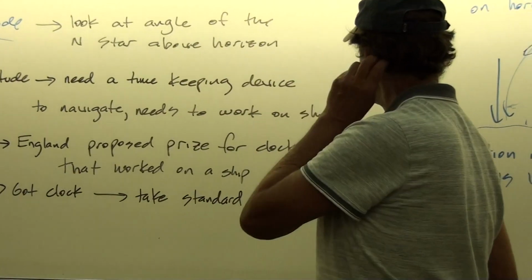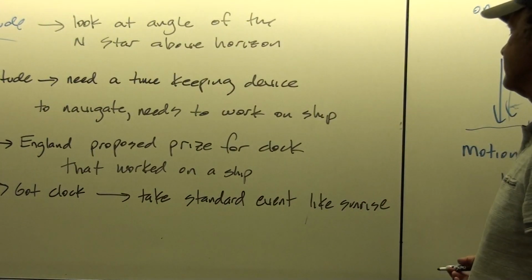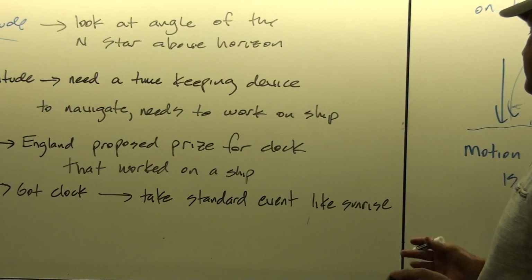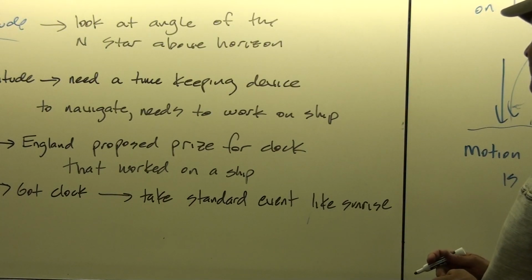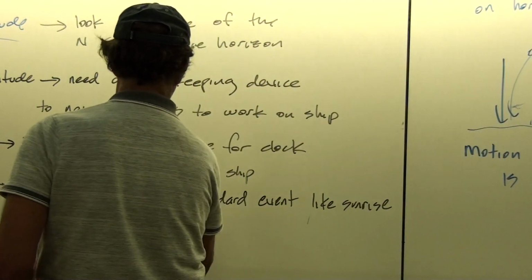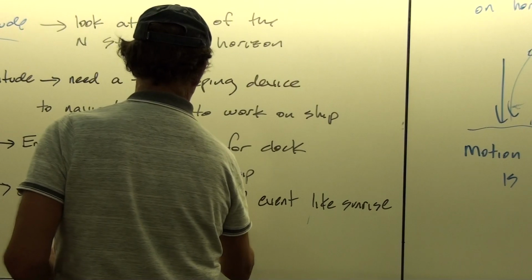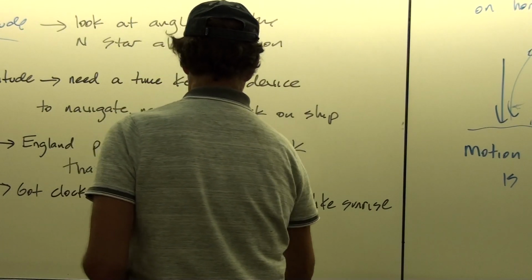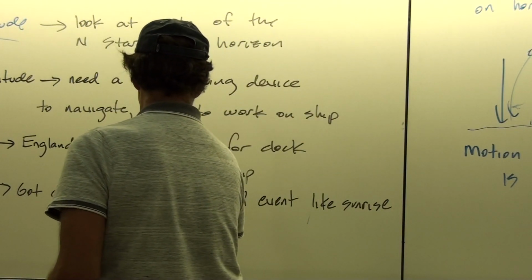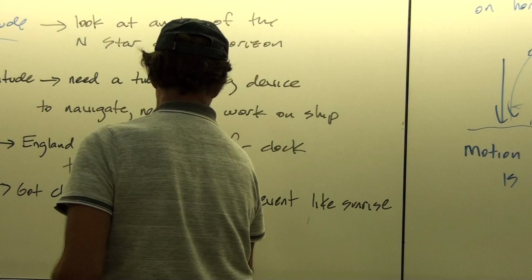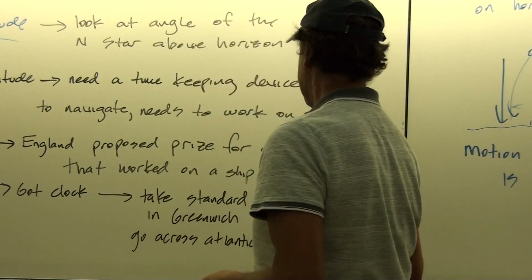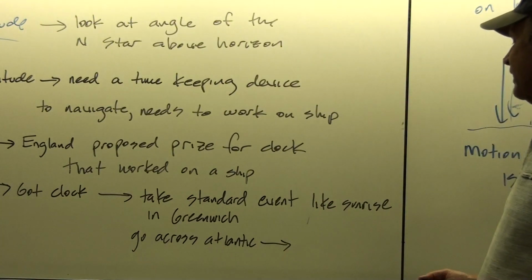Of course, sunrise will change from time to time, but at a particular time of the year, sunrise is happening somewhat consistently, within a few minutes of being the same time. And then, let's say that this is in Greenwich. Then you go across the Atlantic. You wake up and the sun is rising at 3 a.m.